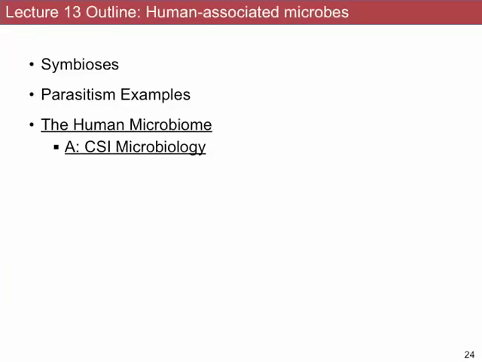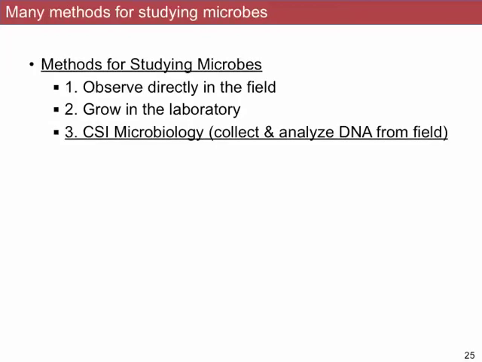And so this comes back to the previous lecture. How do we study these microbes? Well, today, and in the last few years, the main method of studying the cloud of microbes that live in and on people has shifted towards more and more DNA-based analyses. And this is using primarily this CSI microbiology approach that I started getting into in the previous lecture that I'm going to go through again here.